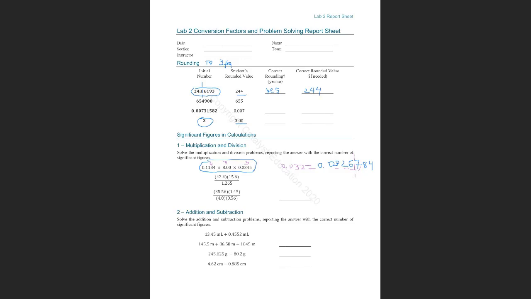Then let's go to addition and subtraction. You are going to encounter this. We said that for addition and subtraction, we don't count the sig figs. We look at the decimal places. So let's look at the first one. What number do you get in the first one, in your calculator? 13.45 plus 0.4552.